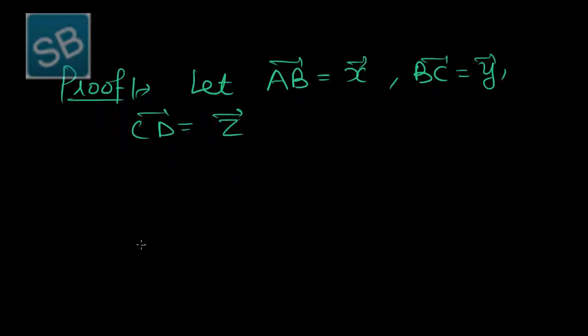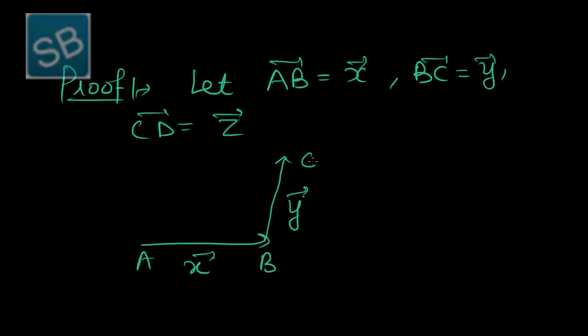that is AB is vector x and BC we can say like that is vector y and CD that is vector z.